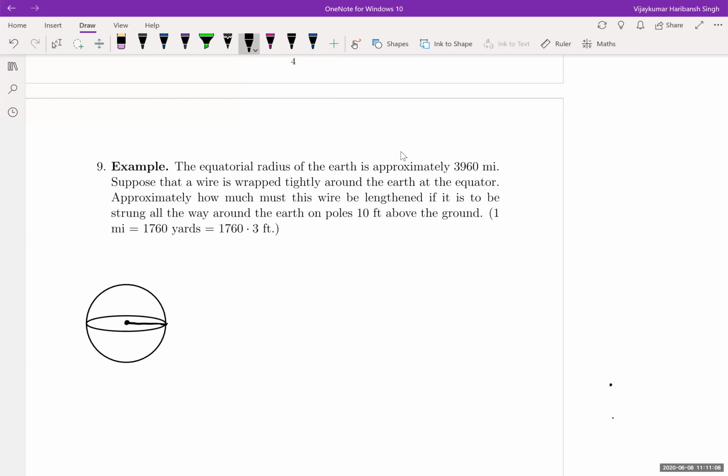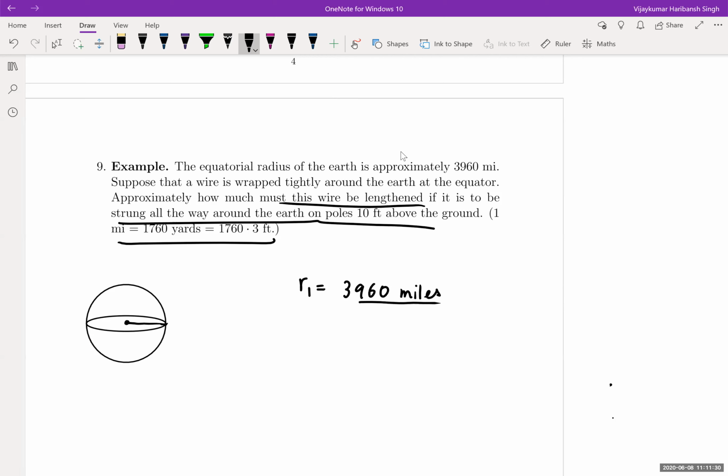You are trying to increase the length of the wire which goes around the Earth, so it must be given by a circumference, right? Originally we have the radius R to be 3960 miles, and the circumference formula is 2 pi R. Now you are changing your R. How are you changing your R? Basically, you are putting it on 10 feet above the ground.